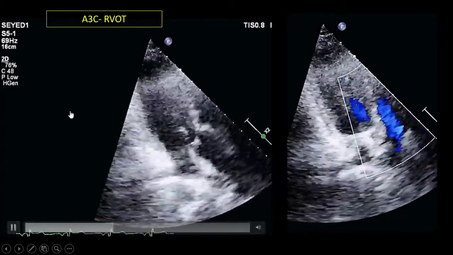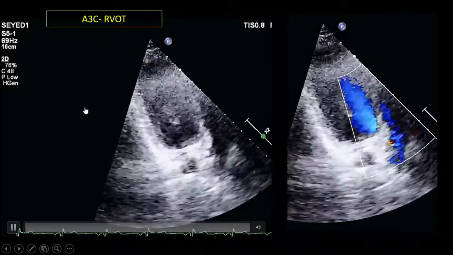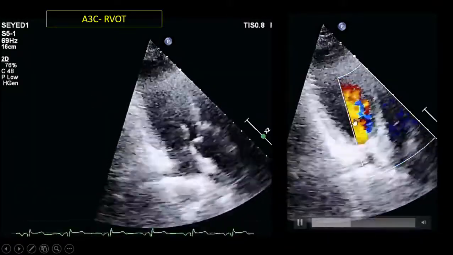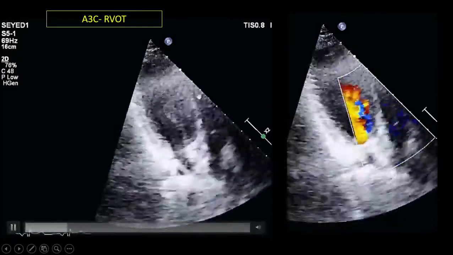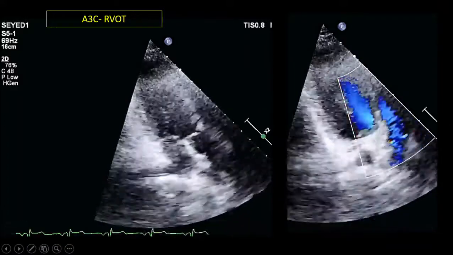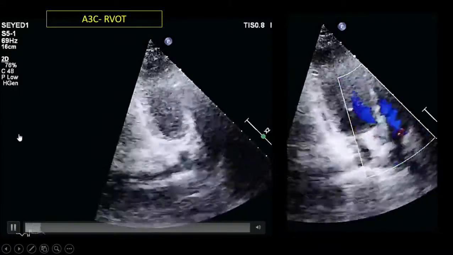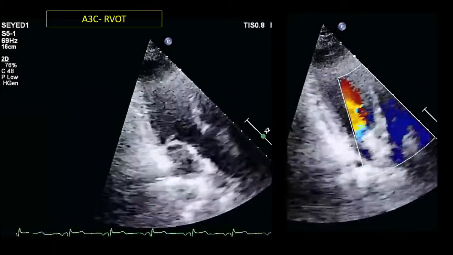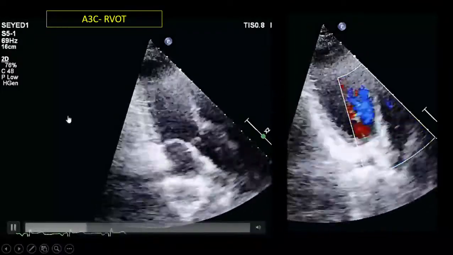Another tip that I want to give you for apical 3 is apical 3 of the RVOT. This is not standard and is not in the textbook, but again, I am giving you extra tips from the practical field that I am sure you will use many times, and you will see how helpful it will be.